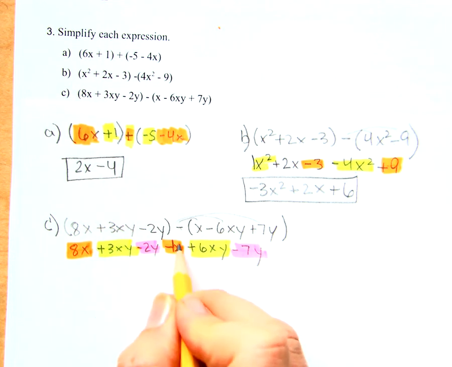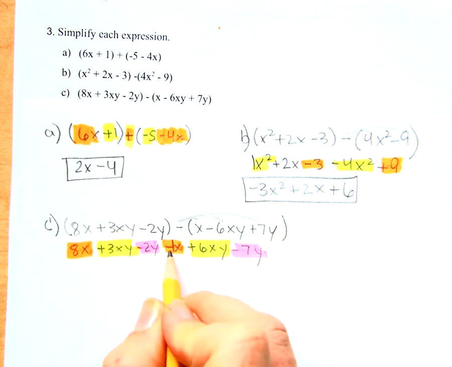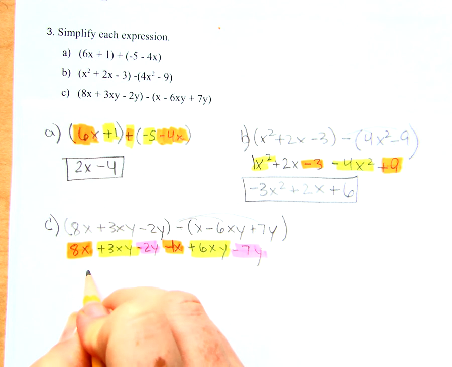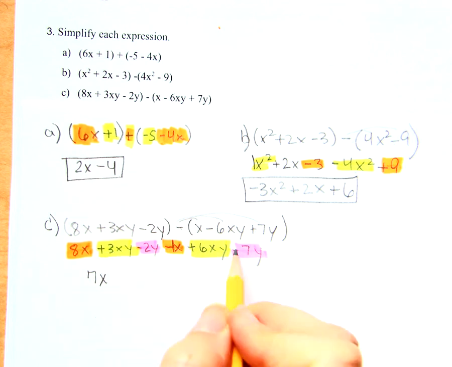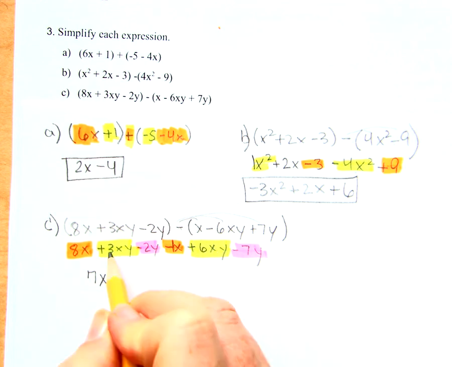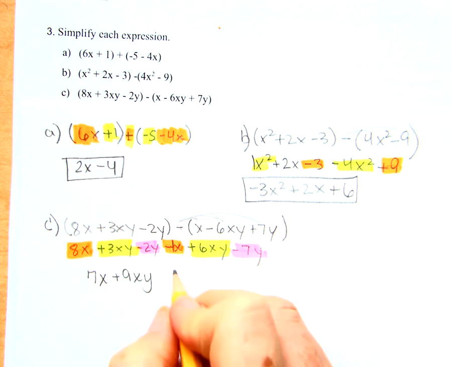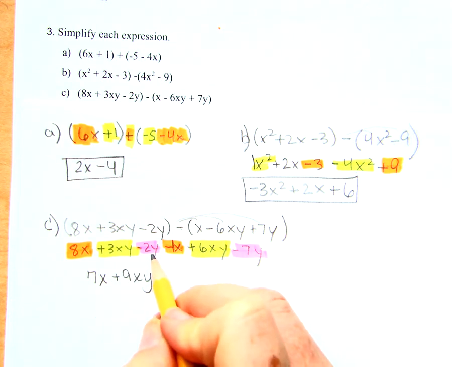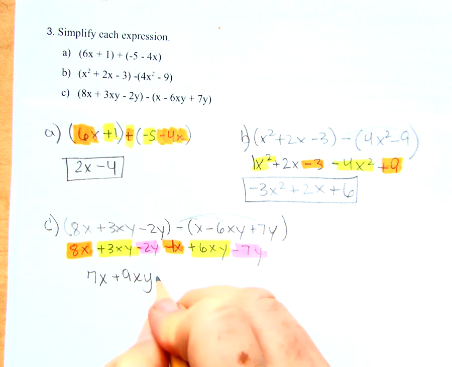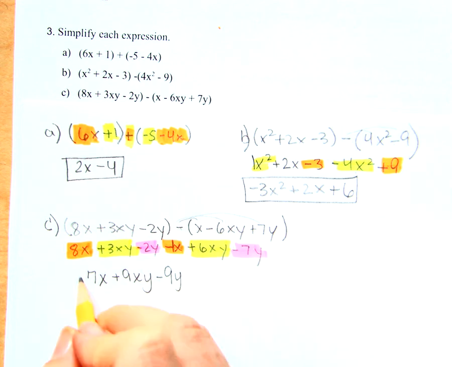Remember, if there's no number written, we can just replace it with a 1. 8 minus 1, that's going to be 7x. And then a positive 3xy and a positive 6xy, that's 3 plus 6 is 9. Remember, when you are adding and subtracting, the exponents don't change at all, just the coefficients. Negative 2y and negative 7y, that gives me negative 9y.